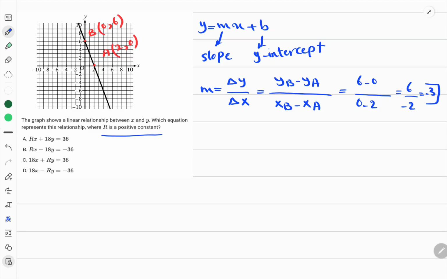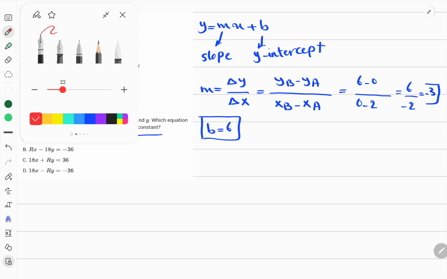Now we need to find the y-coordinate of the y-intercept, which is b. When you want to find b, you should find the point where the line intersects the y-axis, which is this point. So the y-coordinate of this point is b. So b is 6.